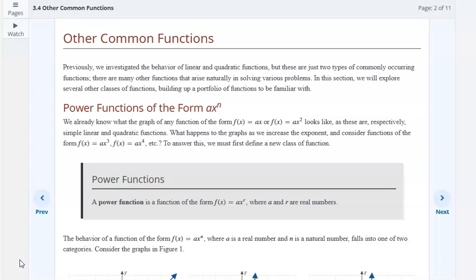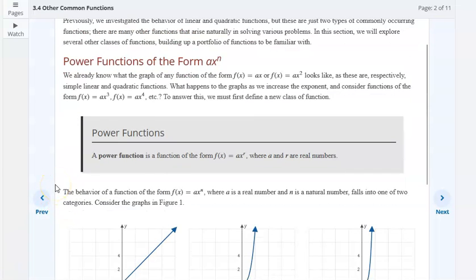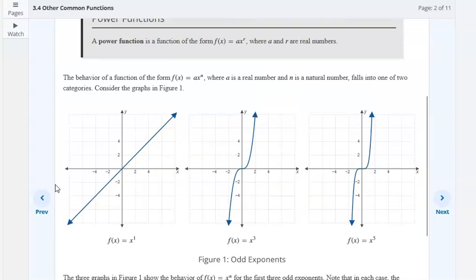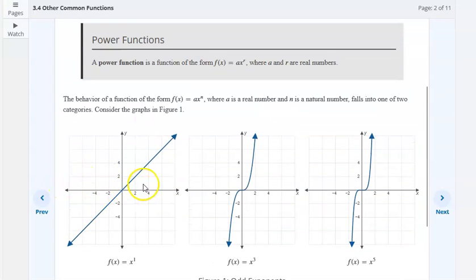We're going to look at other functions. We've seen linear functions, which look like this, where x is to the first power. We've seen quadratic, where we get the basic parabola. Now, what is the shape of a graph in which your exponent is higher than 2?